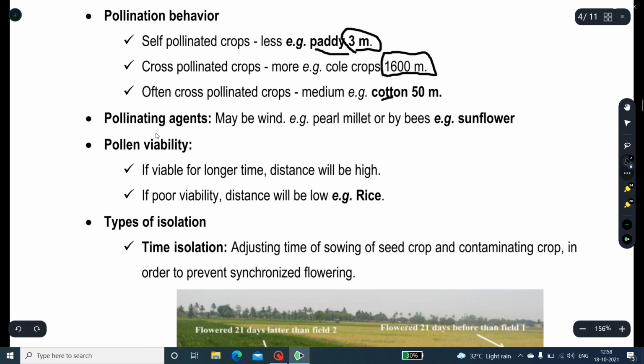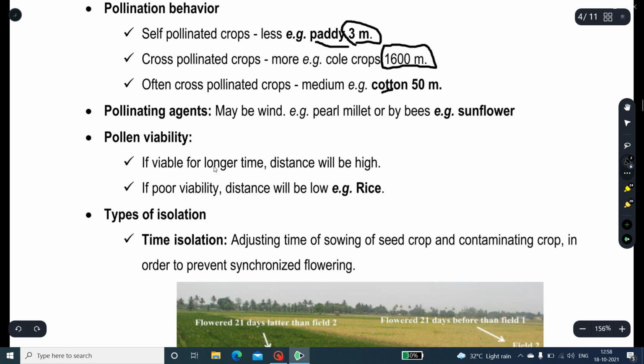And the next one is pollinating agents. For example, wind for pearl millet. The wind pollinating crop is pearl millet, and the bee pollinating crop is sunflower. So pollinating agents also play a major role in isolation distance.